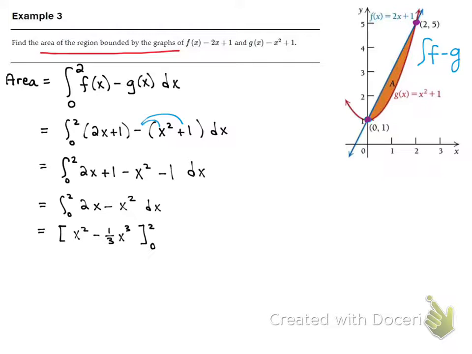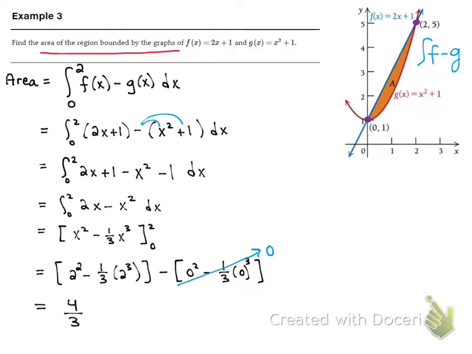Now let's plug in our limits of integration. We'll find the antiderivative evaluated at 2, subtract from that the antiderivative evaluated at 0. The antiderivative evaluated at 0 will just equal 0, so that part will be gone, and then the first part will give us 4/3. So that's our answer to this definite integral, and that's the area of the bounded region between these two graphs, f of x and g of x.